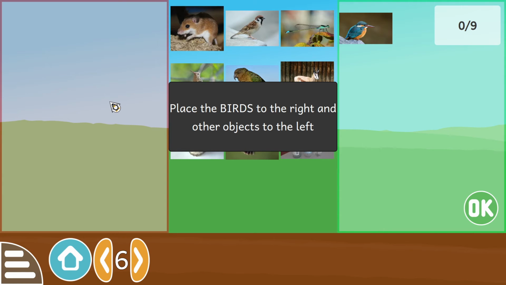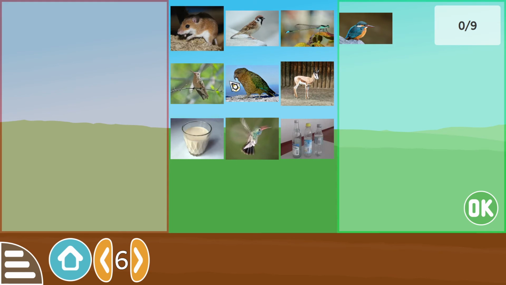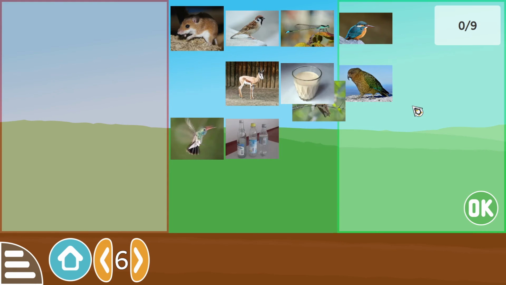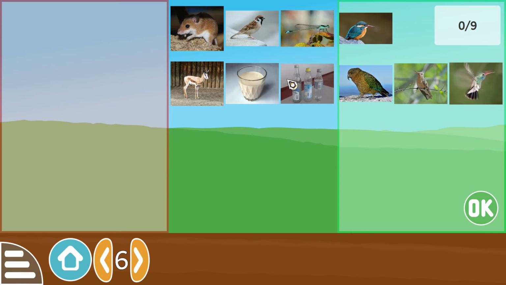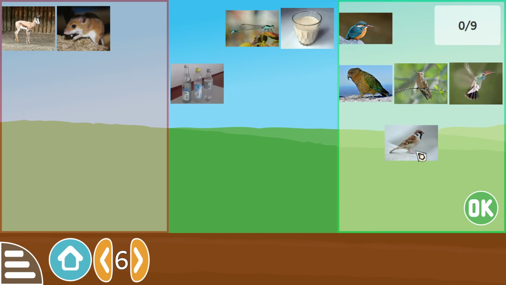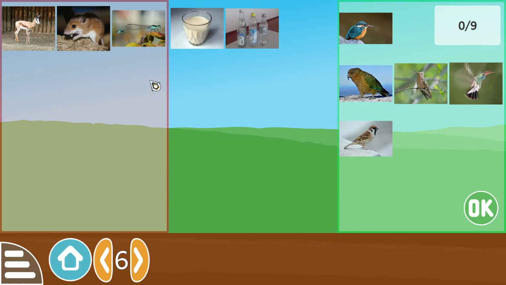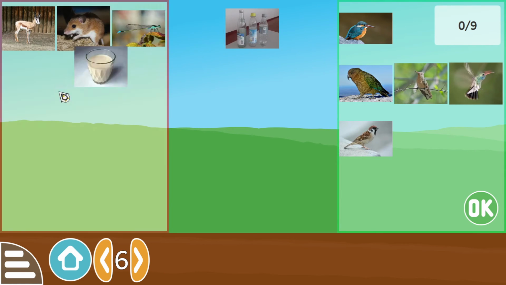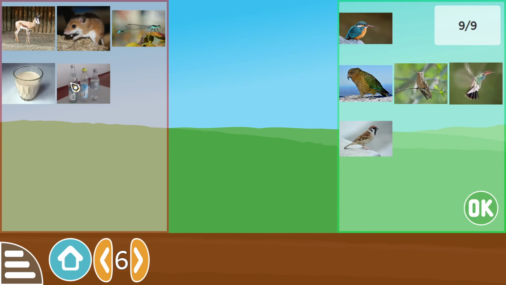Sorry, I'm wrong. It's not about what can fly, it's about what's a bird, and a moth is an insect. Sorry, a bit confused. A hummingbird. That's an antelope, mouse, small bird. Dragonfly is not a bird. And some bottles.